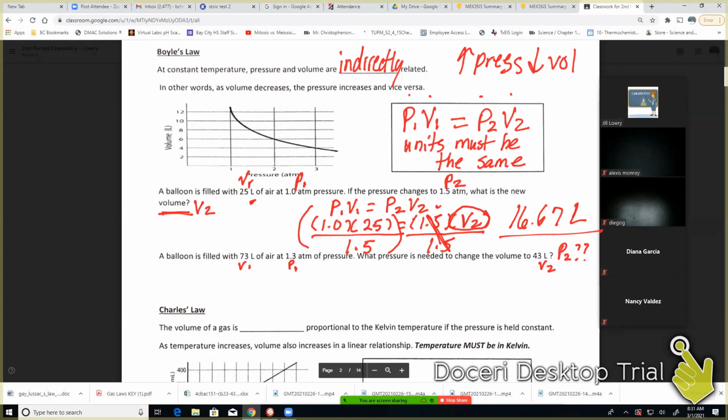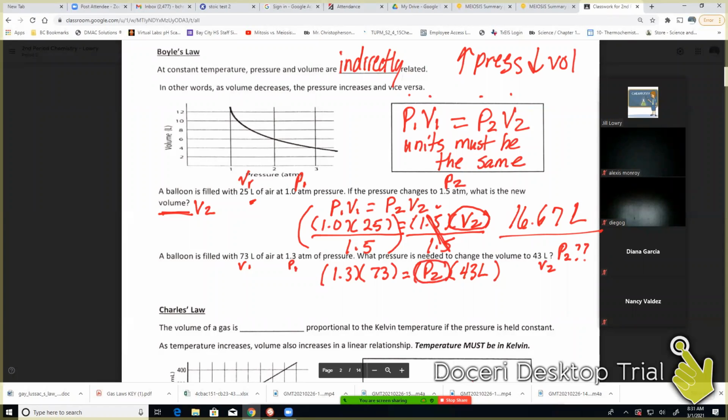So once again, we're still using that same formula. So I'm going to go P1, which is 1.3, times V1, which is 73, is equal to P2, which is my unknown, times V2, which is my 43 liters. So that's my setup.